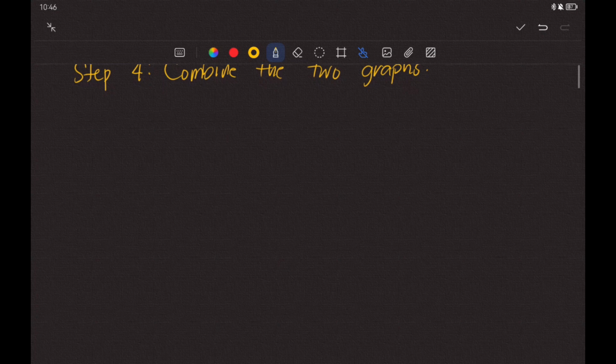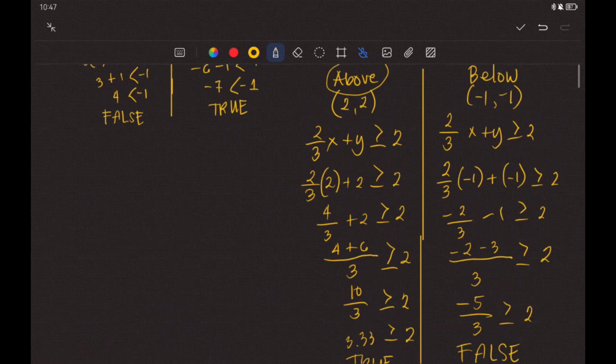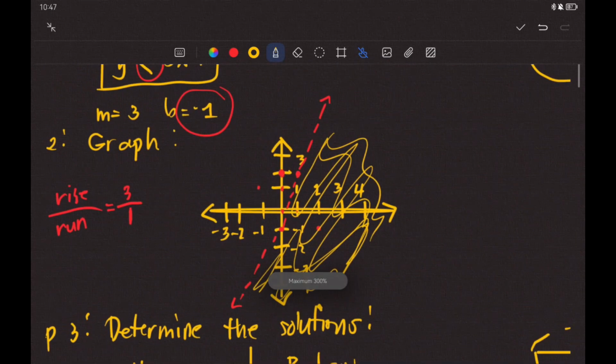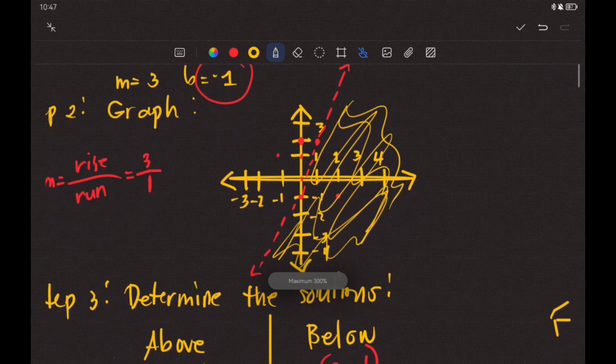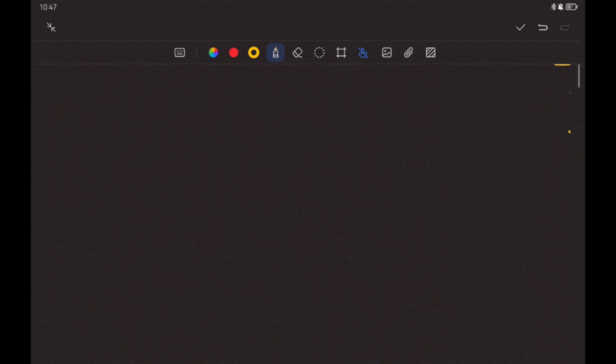So we have the first graph here, passing the points 1, 2, and negative 1.